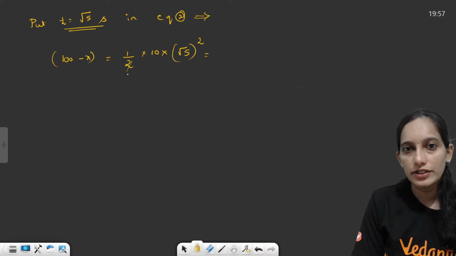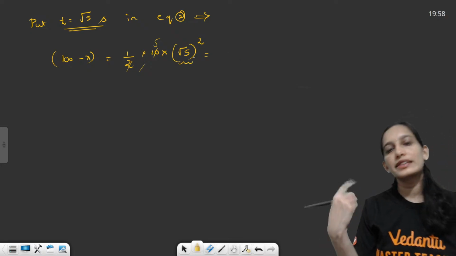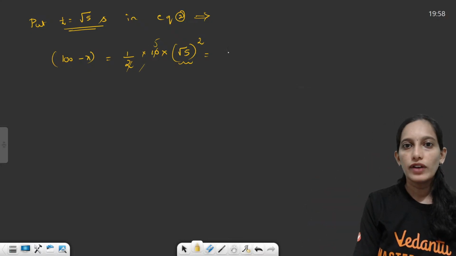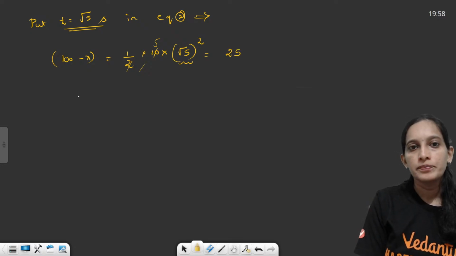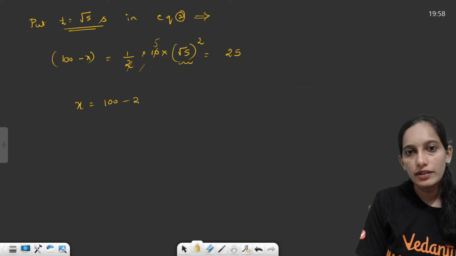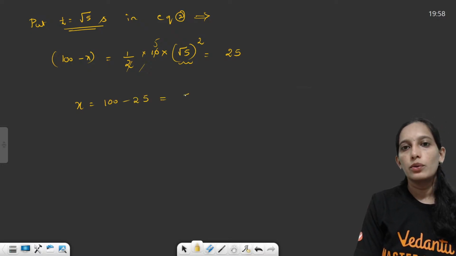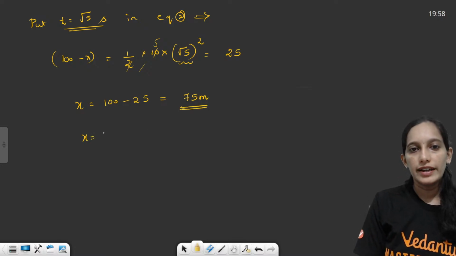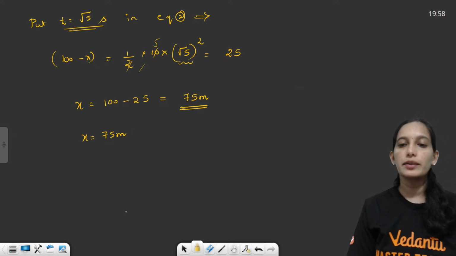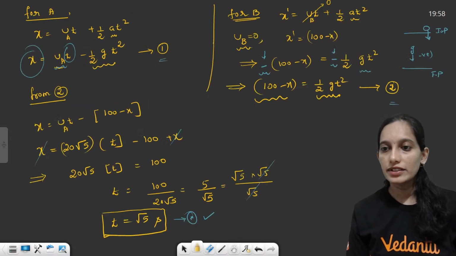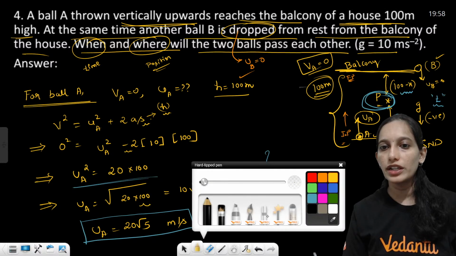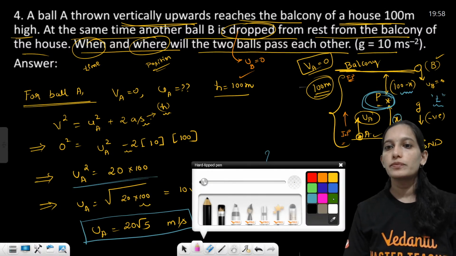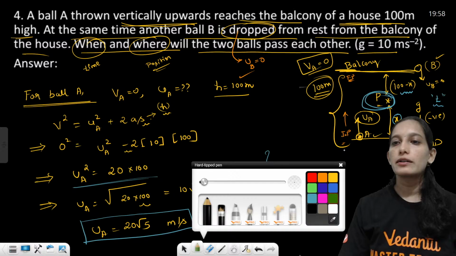Root 5 into root 5 will give you 5. So 5 into 5 is 25, and x will be equal to 100 minus 25, which is equal to 75 meter. So x is equal to 75 meter. That means at a distance of 75 meter from the ground, the two balls are passing each other.